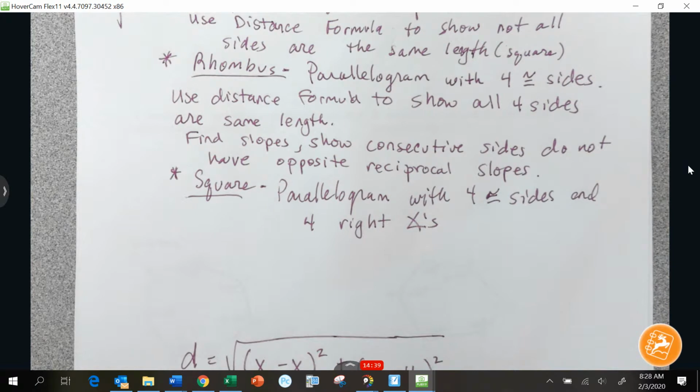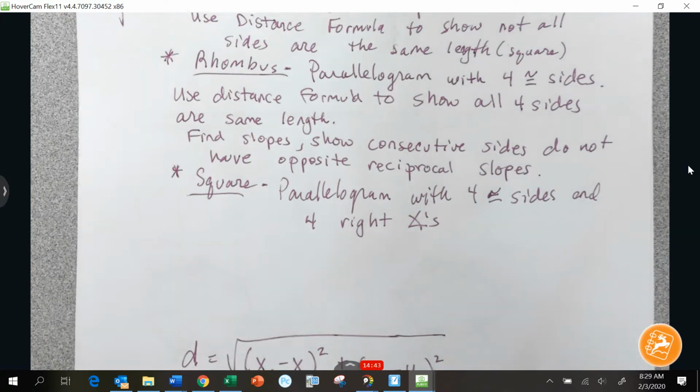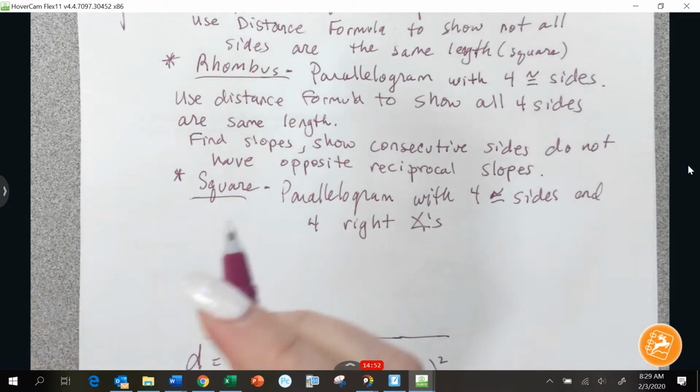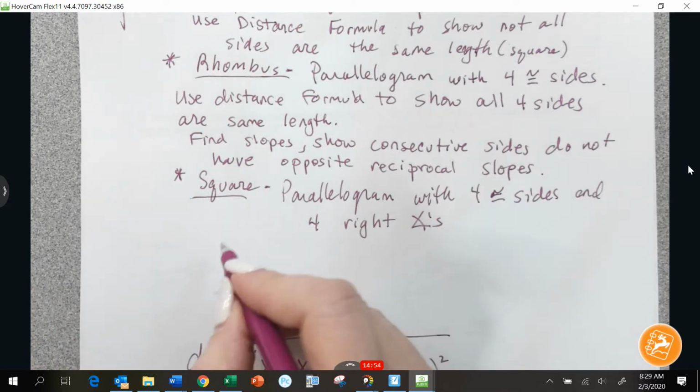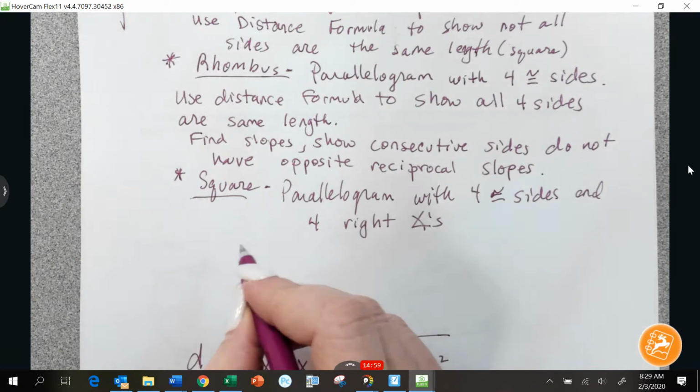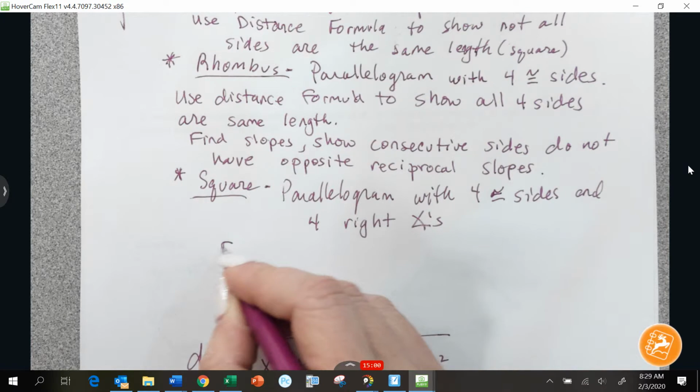So how will we prove that something is a square? Rakaya? When you have a second. We need to see that consecutive sides have all opposite reciprocal slopes. So find slopes. Bless you.